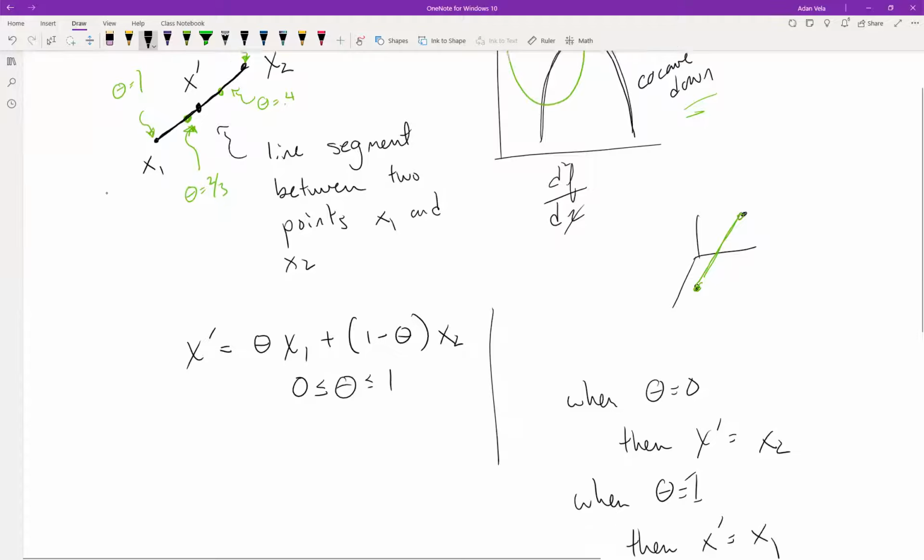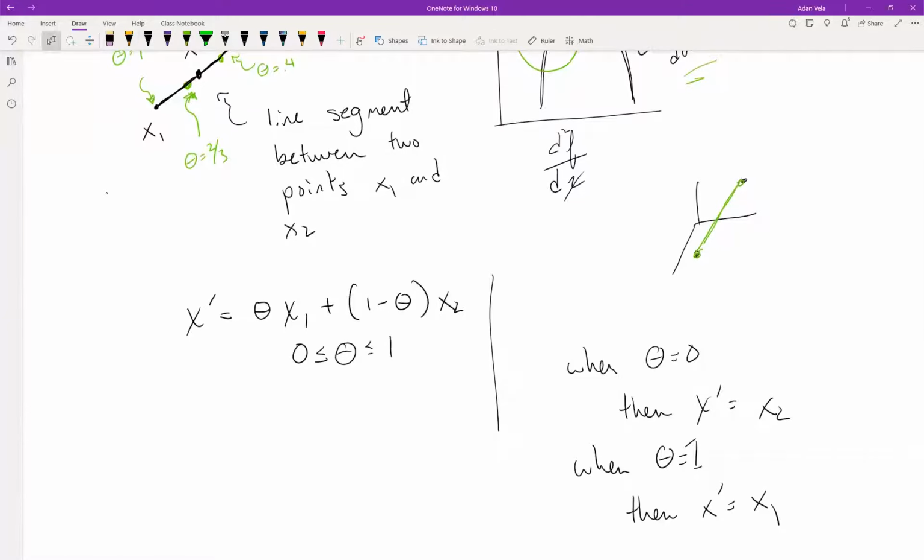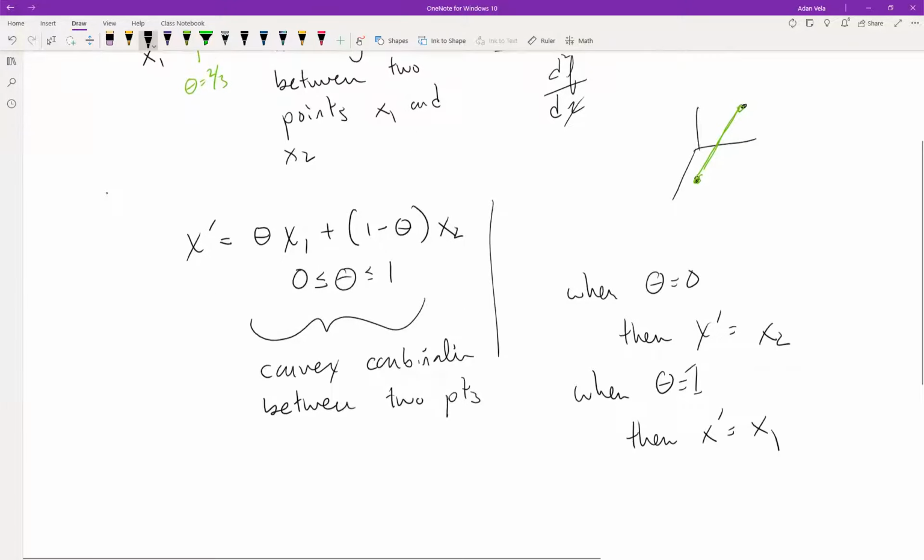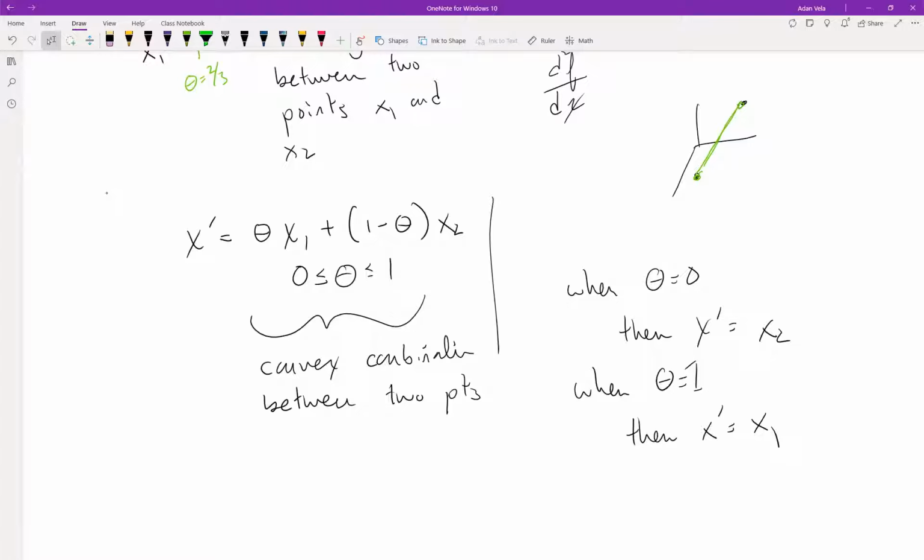So we can think of this convex combination as just a weighted average of 2 points.